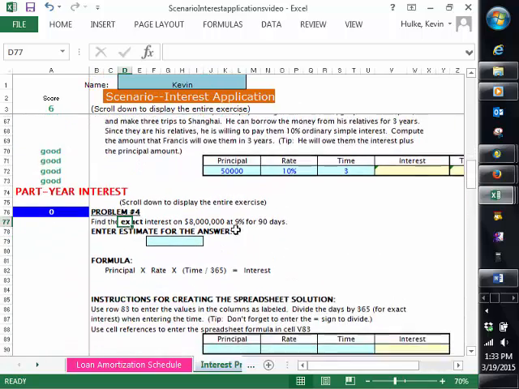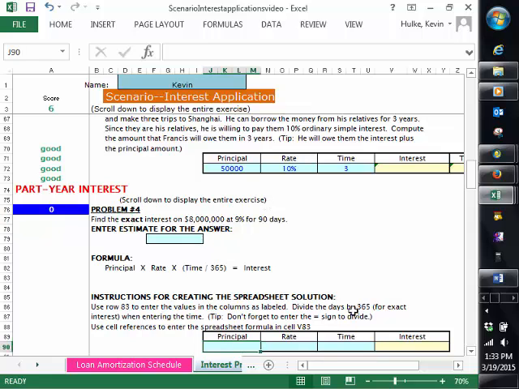Next one. Now we want exact interest on $8 million at 9% for 90 days. Now, for time here, we're going to use days. So when we do our interest formula, it's going to be the principal times the rate times the time.